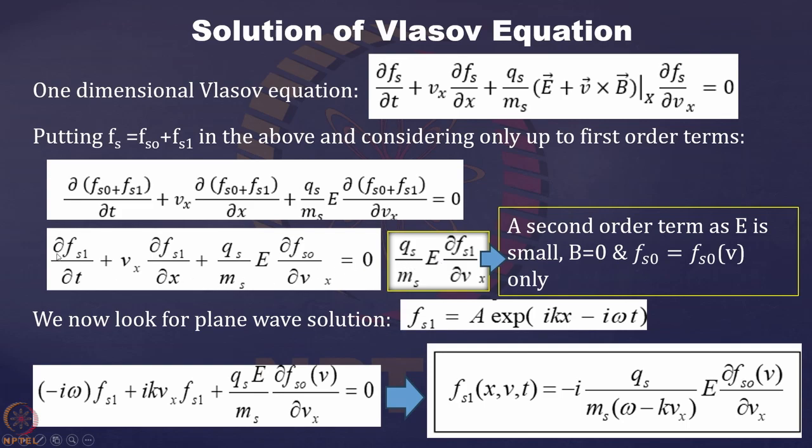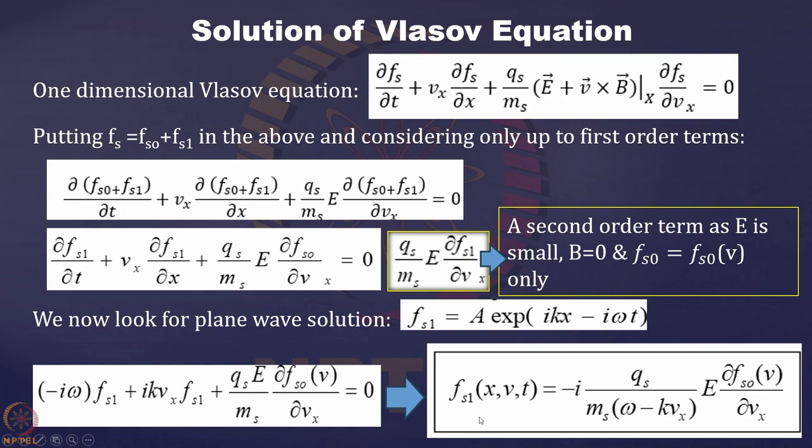Then we tried a plane wave solution like this, and when you put that, it's a simple derivative you are taking, and you just get this expression for the perturbation: f_s1 is equal to minus i into q_s by m_s, over omega minus k v_x, into E into ∂f_s0/∂v_x.